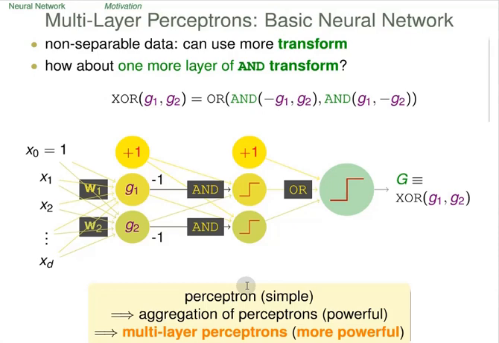We can build a multi-layer perceptron to approximate an arbitrarily complex target function. For instance, the exclusive OR Boolean function can be decomposed into perceptrons using OR of AND, which can be implemented by a 3-layer perceptron, as shown here.